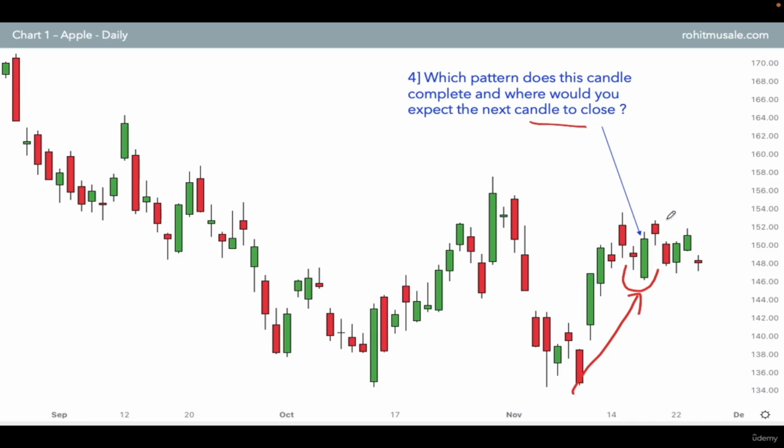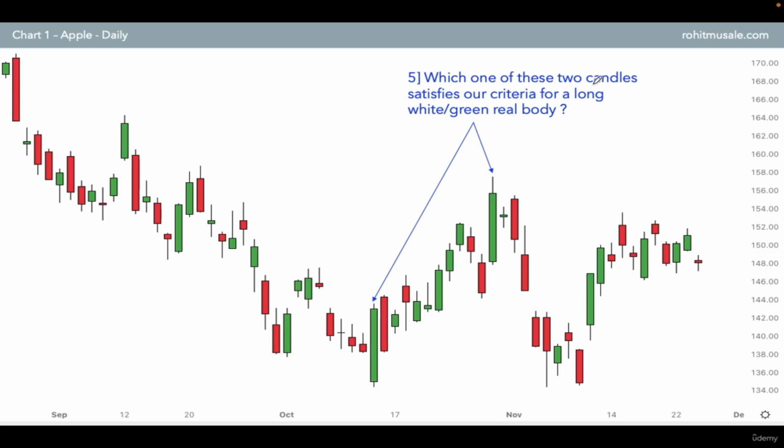You expect the next candle, this candle, to close below the close of the prior candle, which means this candle should close below the close of this green candle. When that happens, then it is bearish. So the last engulfing top is bearish. As you can see here, this candle was not able to confirm the bearish implication of the last engulfing top.